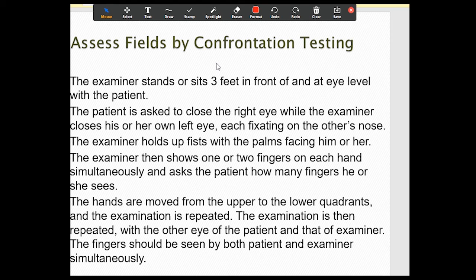Another checking way is a special test where we put something in front of the eyes and ask the patient to focus on it.